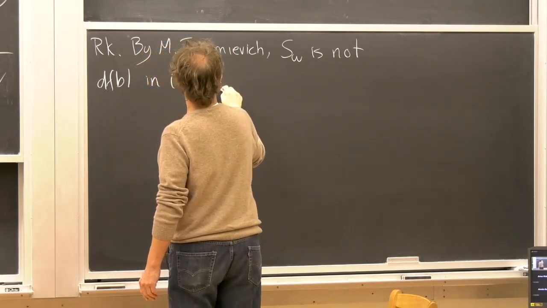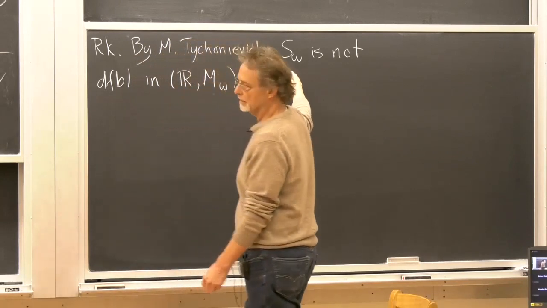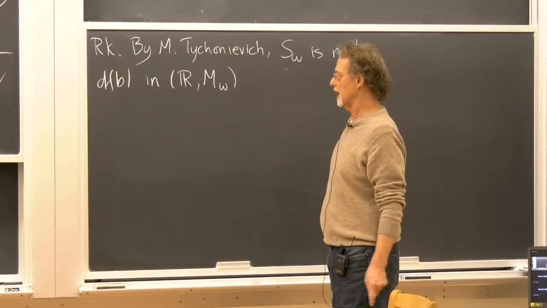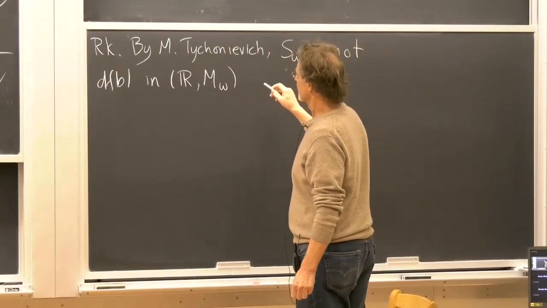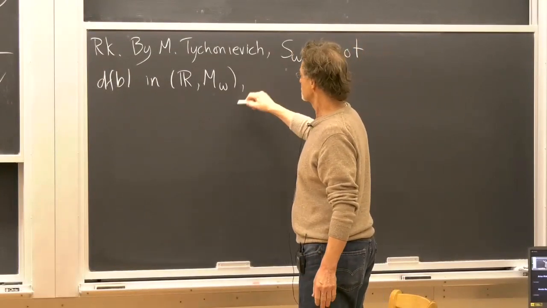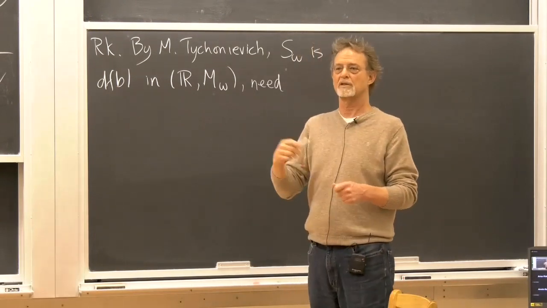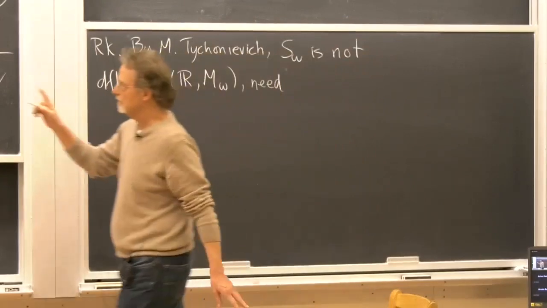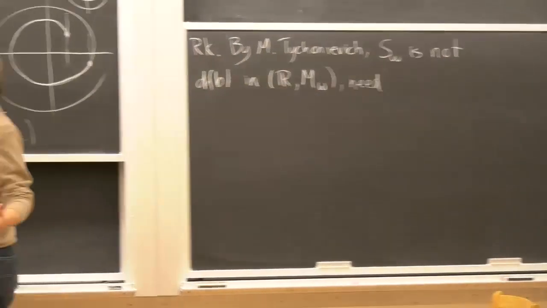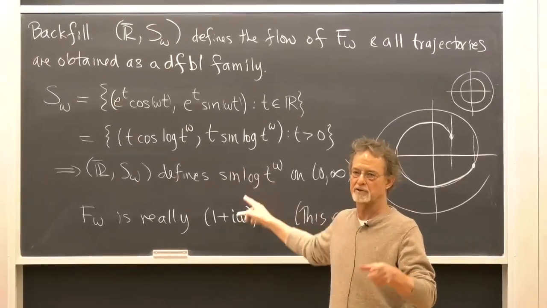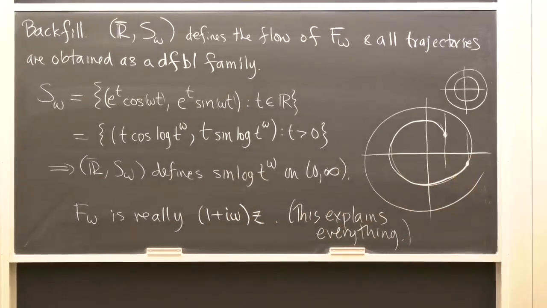So remember, this m omega was just my notation for the intersection of the spiral with the positive real axis. It's not actually definable, so in this case, to reconstruct the spiral, we need a restriction of one of these things to an appropriate interval where things are defined, a compact interval, say 1 to 2.